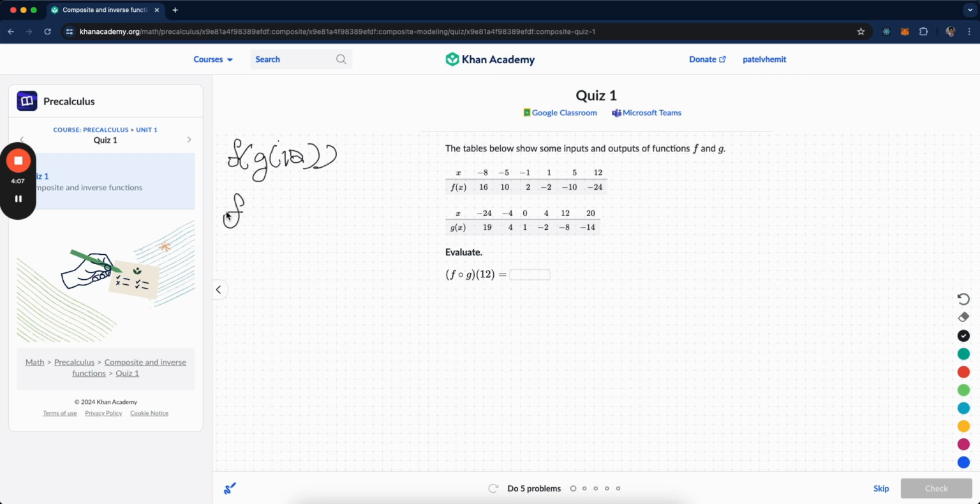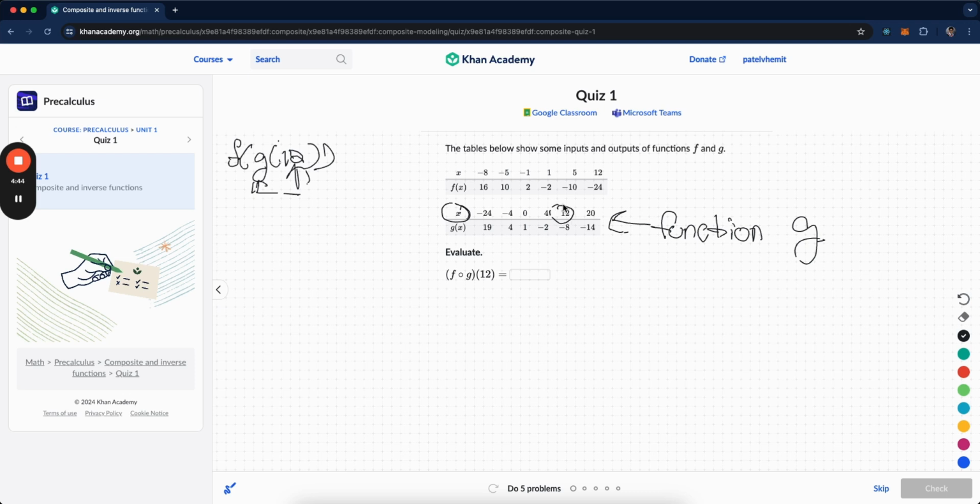So here's how it goes. We're going to first find, through this table that we have, 12 in here, right? Because we're looking at the function g, because this is function g's table. So we're just going to look in x because x represents the input, for 12, because that's what we're giving as an input for g.